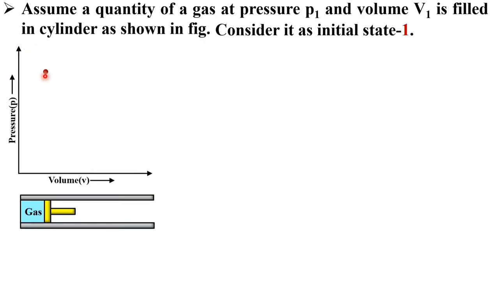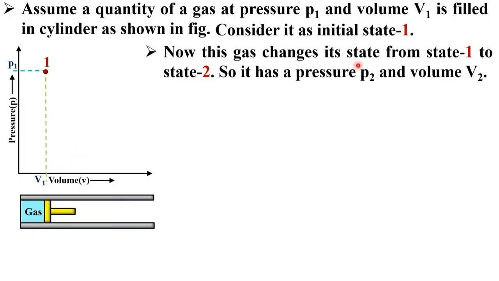Now let's say this is the initial state of the gas, state 1, and the corresponding pressure is P1 and the corresponding volume is V1.